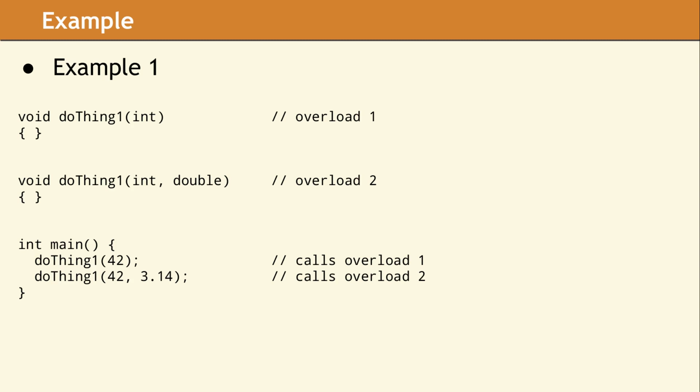When we pass an int and a double in the second call, the version of doThing1 marked overload 2 will be invoked. These are overloads, however, they differ in the number of parameters, so figuring out which one is called from main is pretty obvious, both to the compiler and to the programmer.